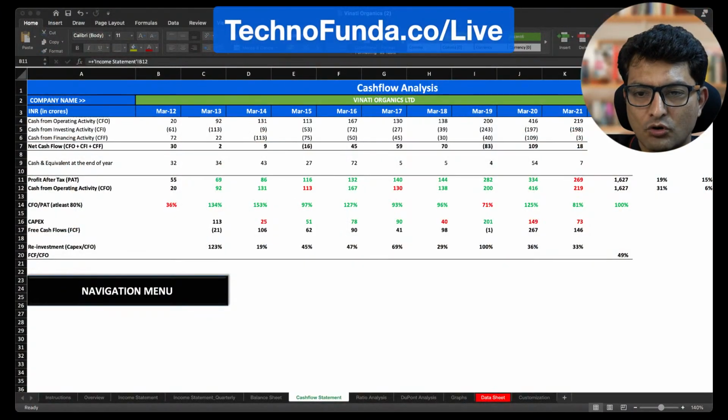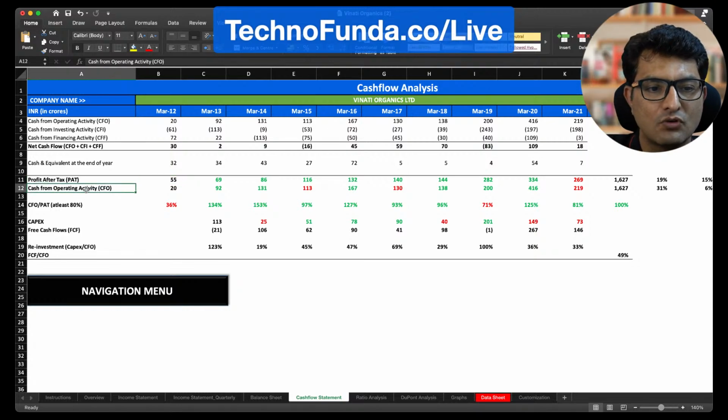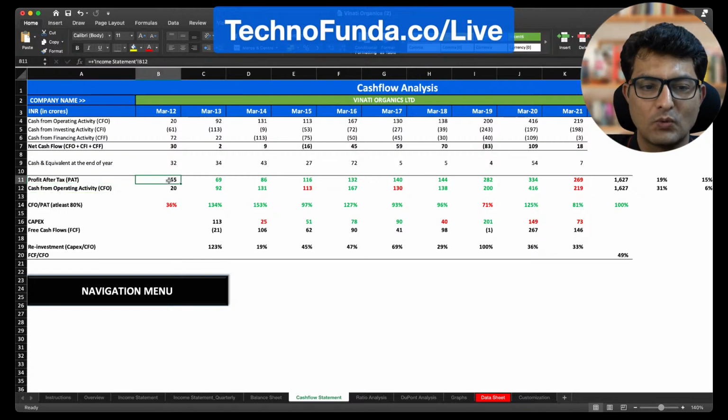PAT is an accrual principle, and just by booking the sales, it is not a given that you have actually received that money. To know that, you need to see the cash flow from operating activities. Once you see that, you know whether the PAT is getting converted into cash flow.